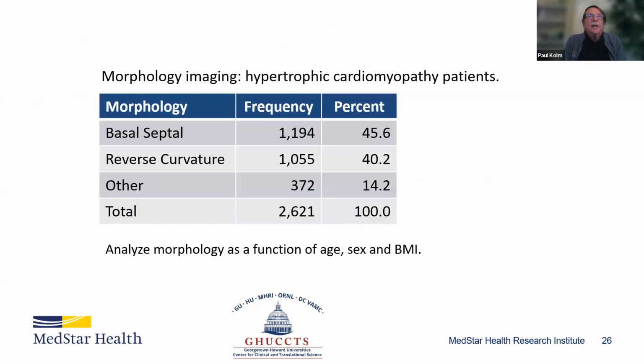And so here's an example of unordered or multinomial logistic regression, where our outcome is morphology in hypertrophic cardiomyopathy patients. And so we have 3 categories here: basal septal, reverse curvature, and then the others are lumped together, which you see as a much smaller number than the other 2. And so what we're going to do is analyze morphology as a function of age, sex, and BMI.